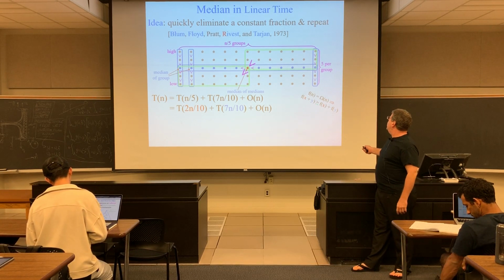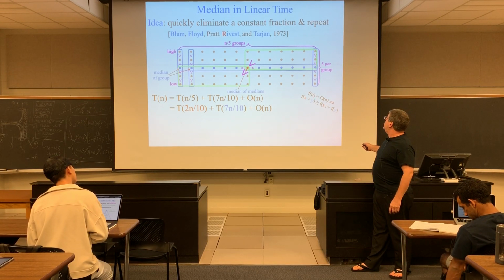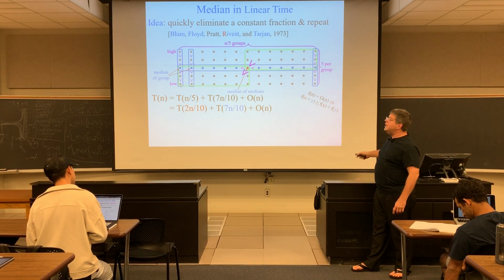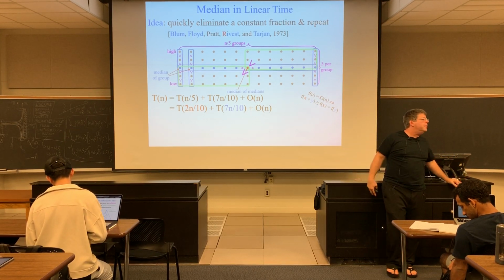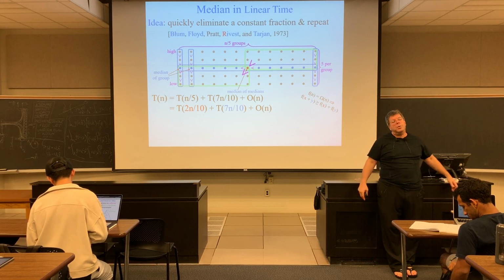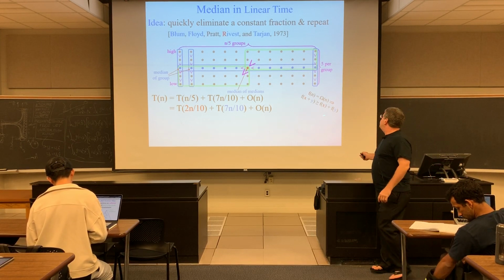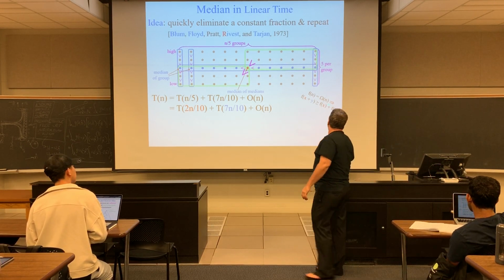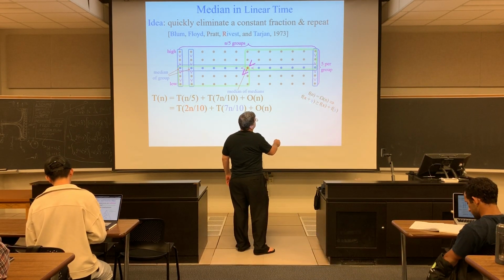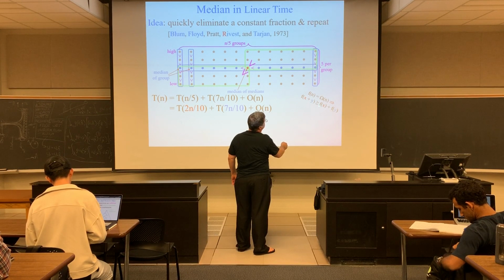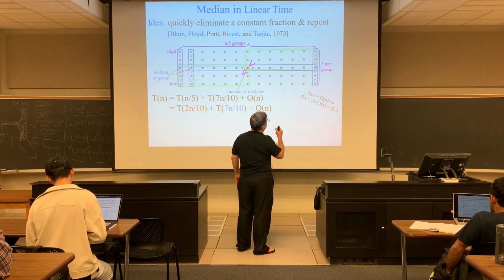So the time to find the median is at least a linear function, or grows faster than linear or equal to linear. And whenever you have a function that's super linear, that's linear or more, that's omega of n, this is true: f of x plus y is greater than or equal to f of x plus f of y.